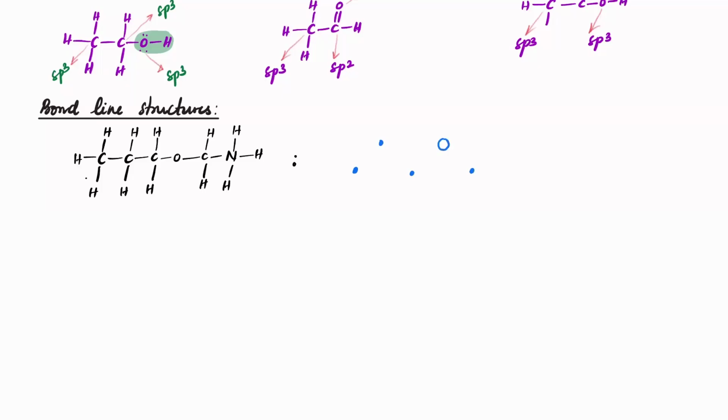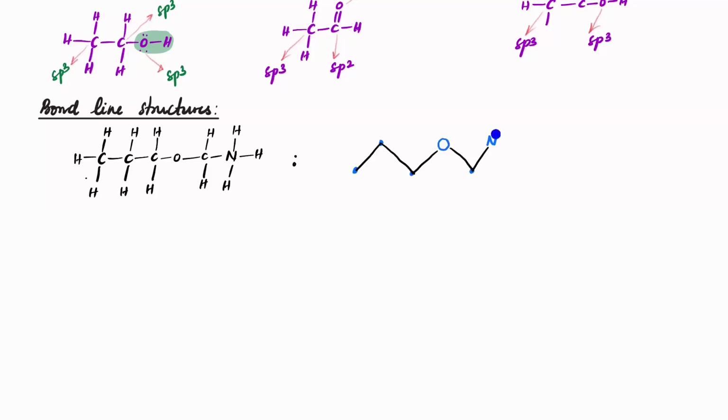And then we have nitrogen here, like this. So put it in a zigzag way, like this. And then connect all of them, like this, like this, like this. Okay, you connect this.